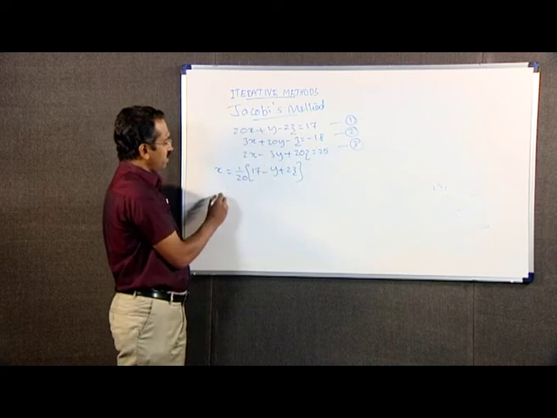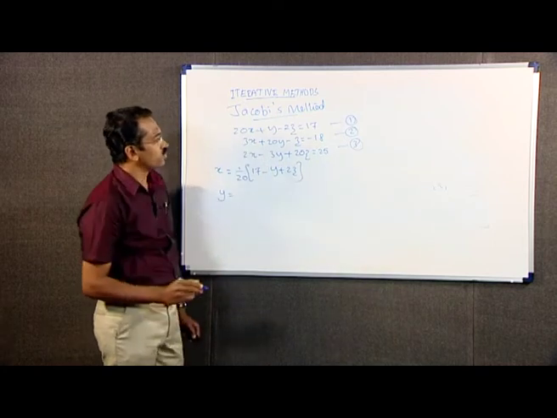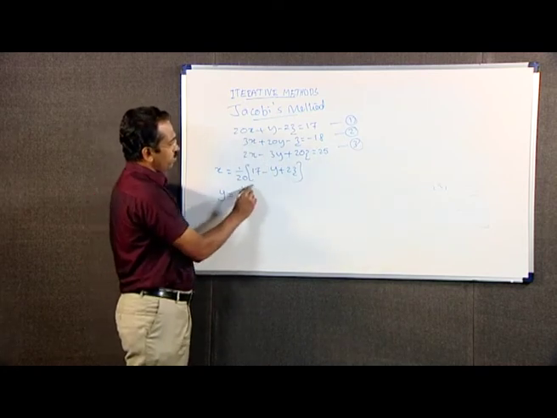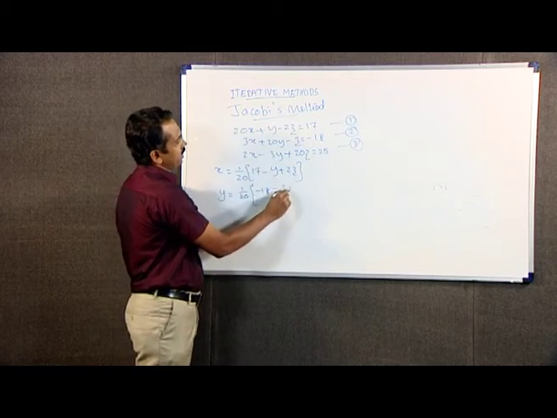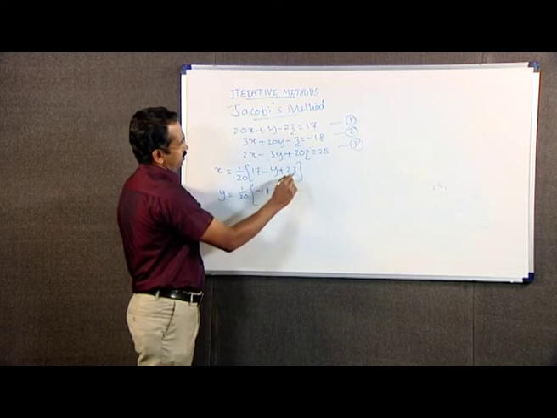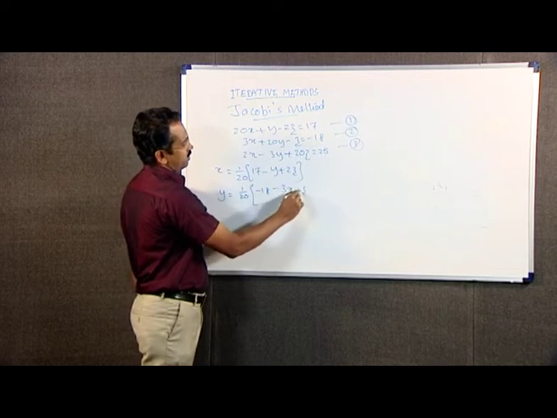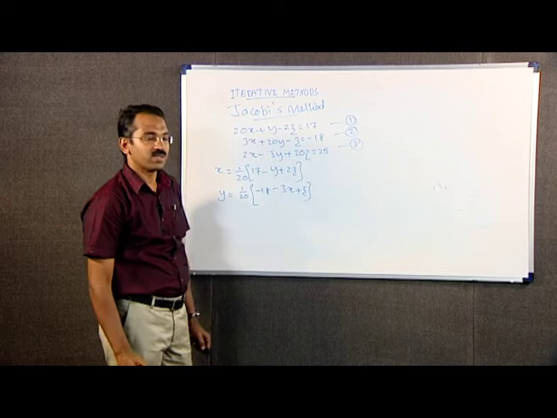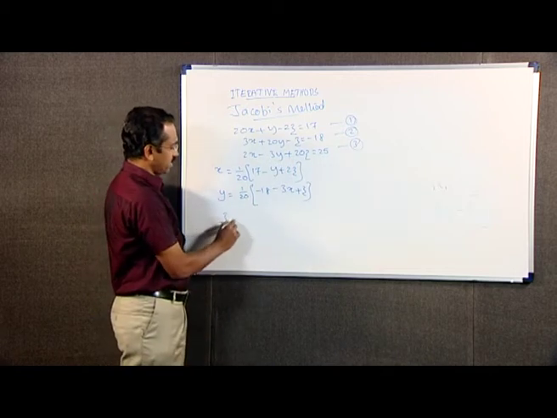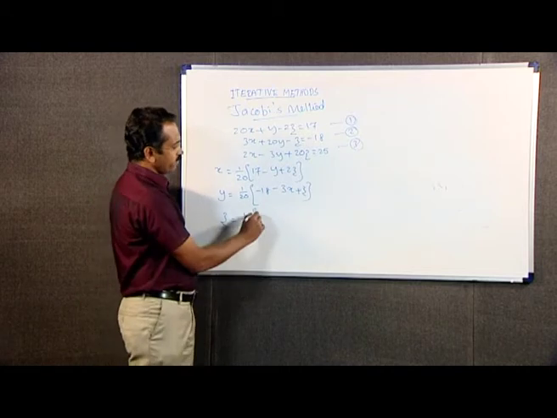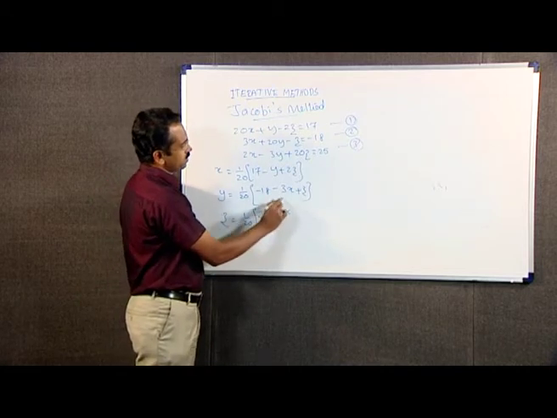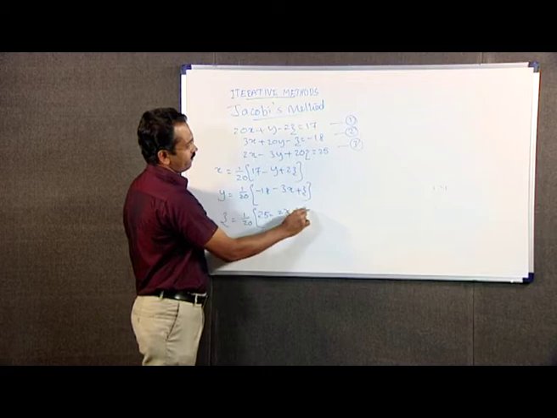From the second equation, y is equal to 1 by 20 into minus 18 minus 3x plus z. And from the third equation, we can write z equal to 1 by 20 into 25 minus 2x plus 3y.